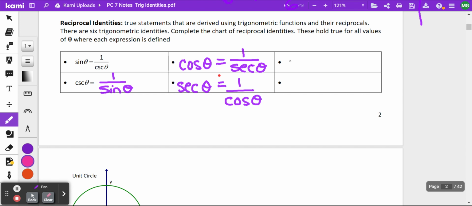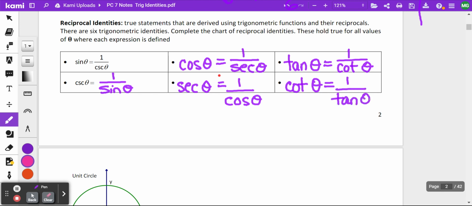Maybe you have to rememorize them, but you should know these. How about the tangent of theta? We know that the tangent of theta is equal to 1 over the cotangent of theta, right? Tangent and cotangent are reciprocals of each other. Therefore, the cotangent of theta is equal to 1 over the tangent of theta.